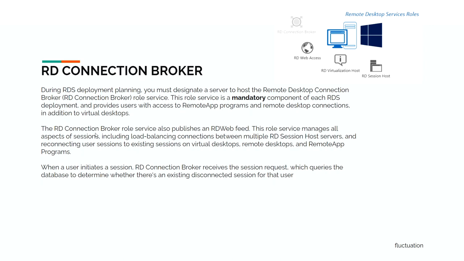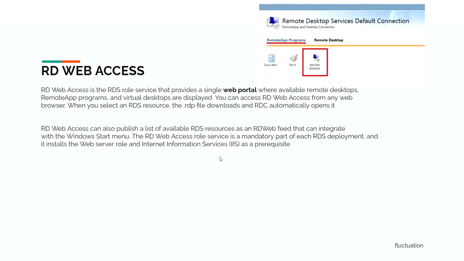This role service manages all aspects of sessions, including load balancing connections between multiple RD Session Host servers and reconnecting user sessions to existing sessions on virtual desktops, remote desktops, and RemoteApp. When a user initiates a session, the RD Connection Broker receives a session request and queries the database to determine whether there is an existing disconnected session for that user.